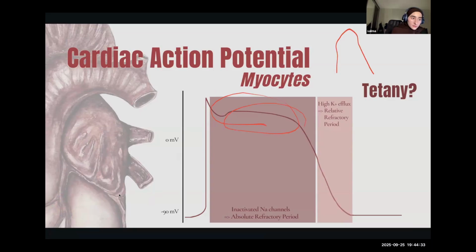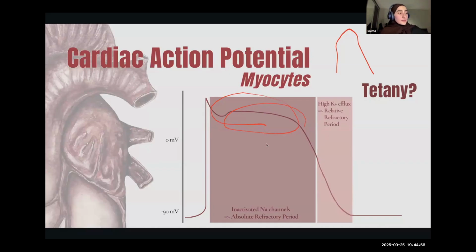It goes up and down. And this makes it very prone to tetany. However, in the heart, you have this entire refractory period during which another action potential is not possible. So this is protective. This is good for the heart. At this point, you cannot generate another action potential. You're not going to end up with spasming. You're not going to end up with tetany. Make sense?